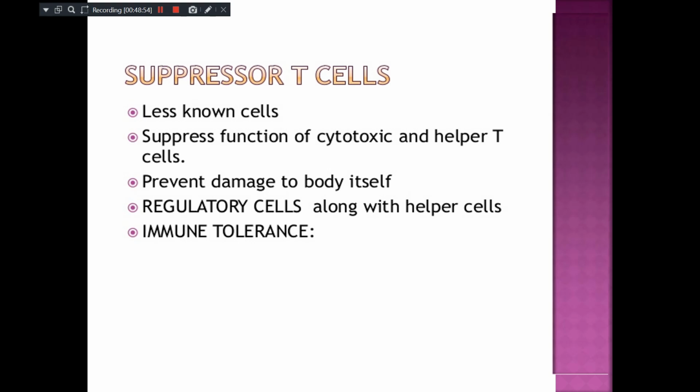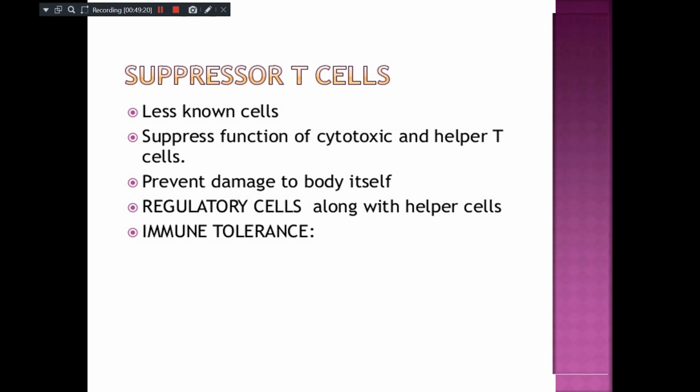What the suppressor T cell does is suppress the function of cytotoxic and helper T cells, preventing damage to the body itself. Many times, if the cytotoxic and helper T cells are not suppressed, they may directly start an autoimmune disorder. So they prevent the damage to the body itself.